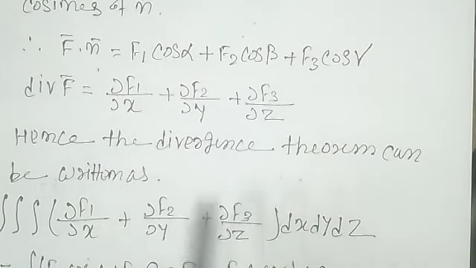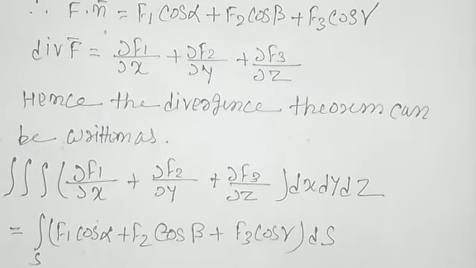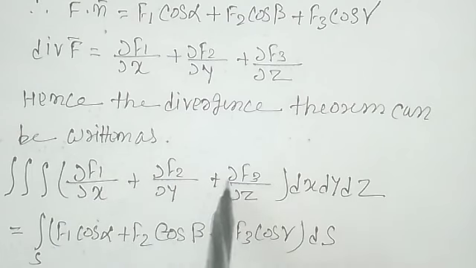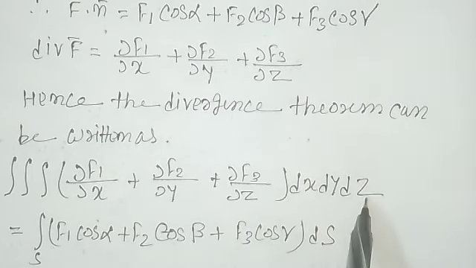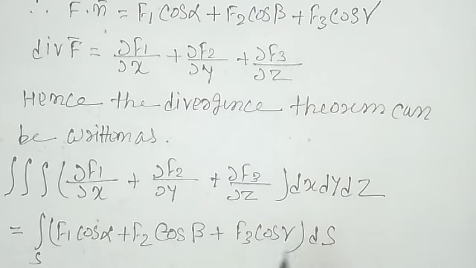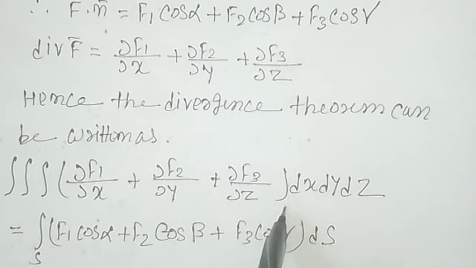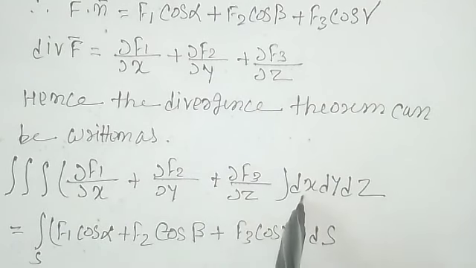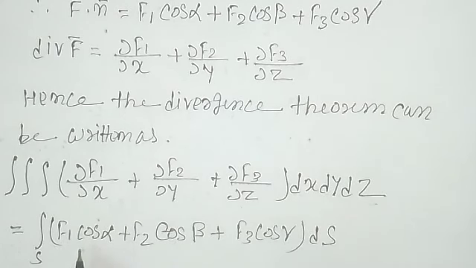So we can write the divergence theorem as a triple integral of dou f1 by dou x plus dou f2 by dou y plus dou f3 by dou z dx dy dz. Here the divergence of f is this expression, and dV is dx dy dz, the volume element. That is equal to the integral of f dot n dS.